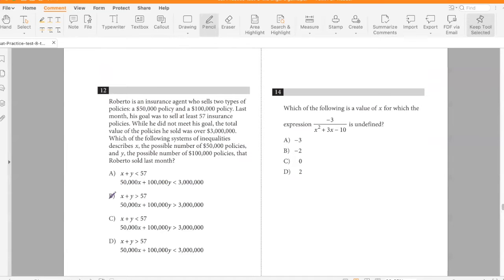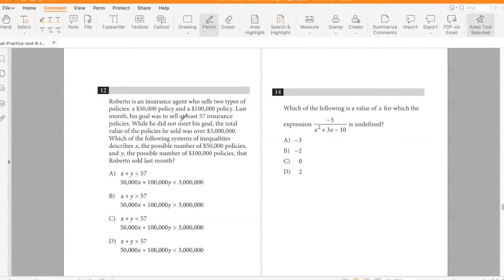Roberto is an insurance agent who sells 2 types of policies, a $50,000 policy and a $100,000 policy. Last month, his goal was to sell at least 57 insurance policies. While he did not meet his goal, the total value of the policies he sold was over 3 million. Which of the following systems describes X, the possible number of $50,000 policies, and Y, the possible number of $100,000 policies that Roberto sold?